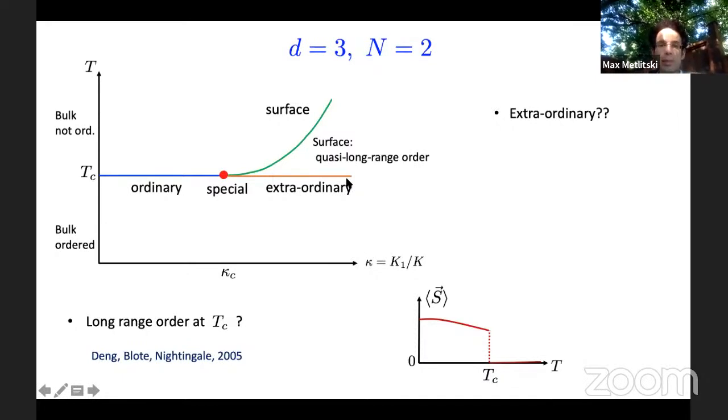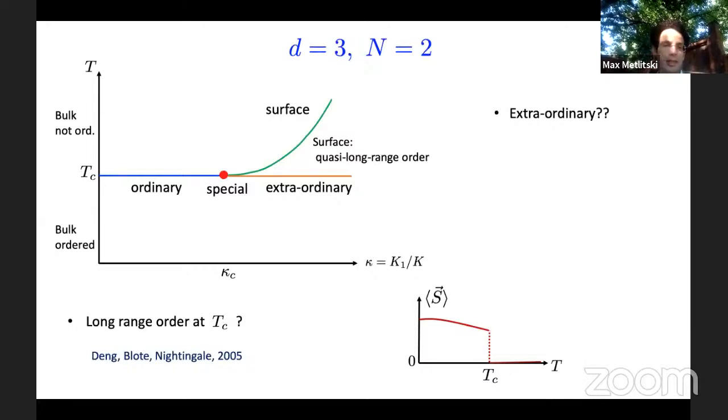One scenario was that even though above the bulk TC the surface cannot have true long-range order, maybe directly at the bulk TC the surface has long-range order. That is, there is a jump in the surface order parameter across the bulk TC, and this seemed roughly consistent with their Monte Carlo simulations.